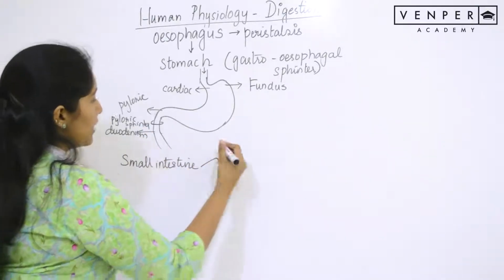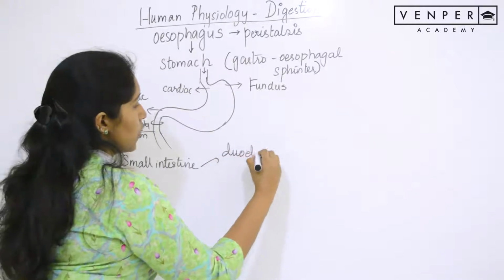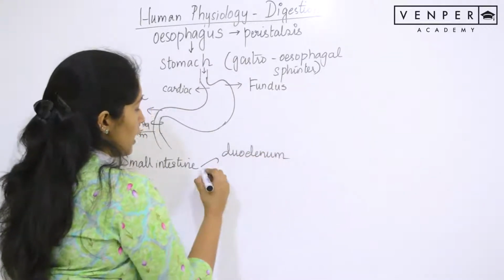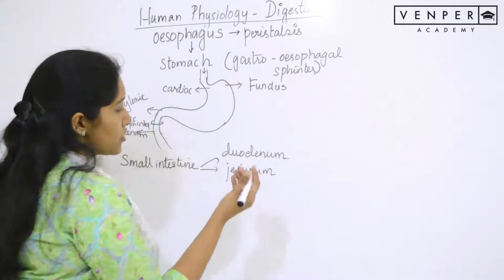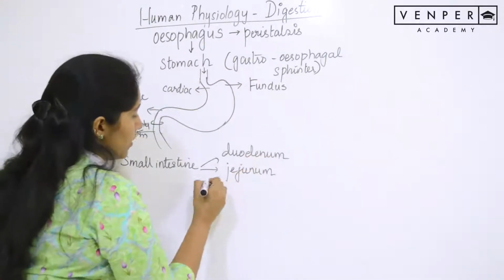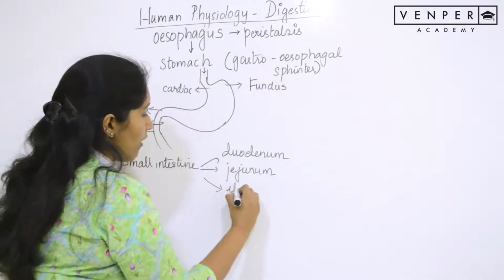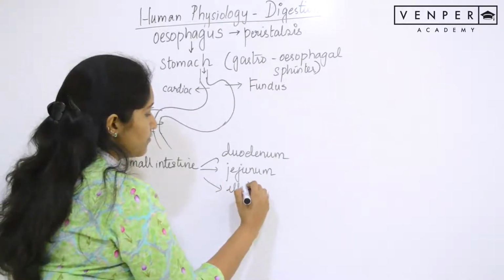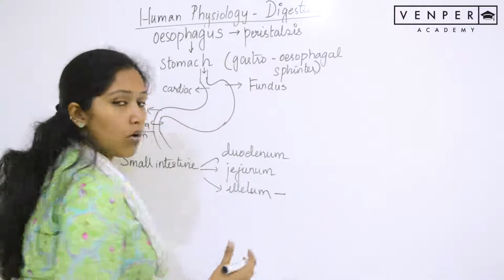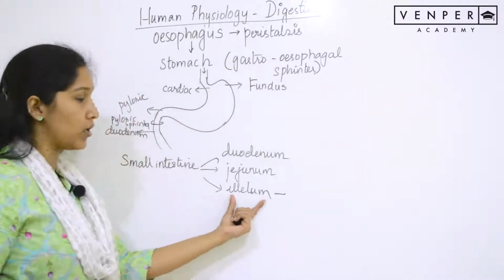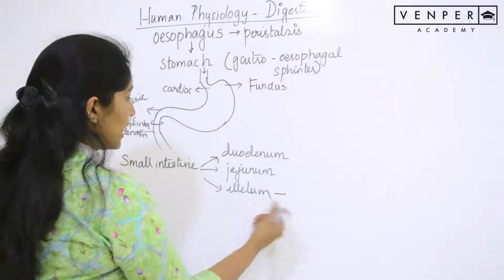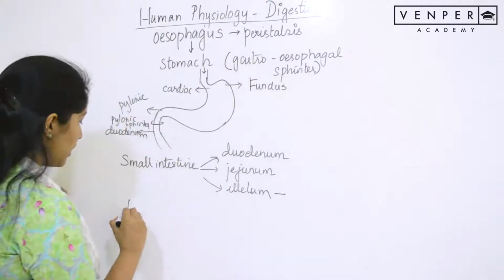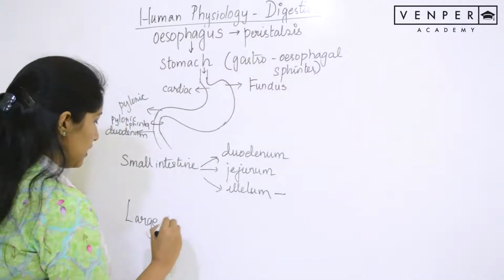It has the starting part, the duodenum, and then the jejunum, which is a long coiled part, and then the ileum, which is also coiled, but highly coiled compared to the other regions. From the ileum, it moves on to the large intestine.